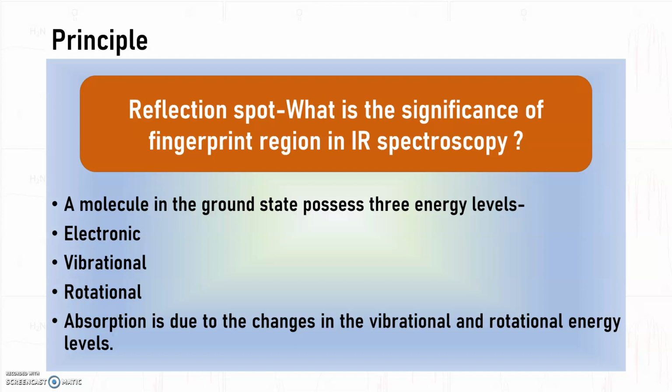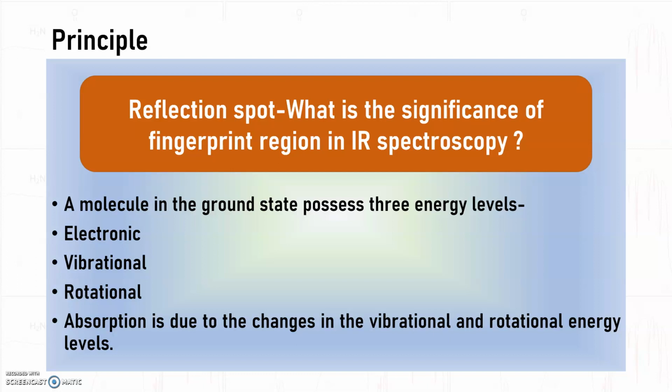The pattern in the fingerprint region of a given compound is unique and therefore can be used to identify individual peaks. Each compound has a unique set of troughs within the fingerprint region that can be used to identify the molecule. This region contains a large number of stretching and bending vibrations.